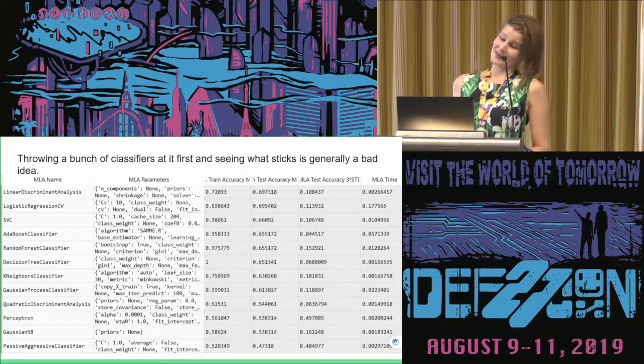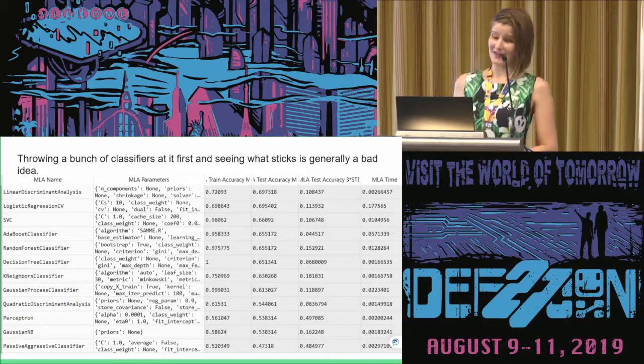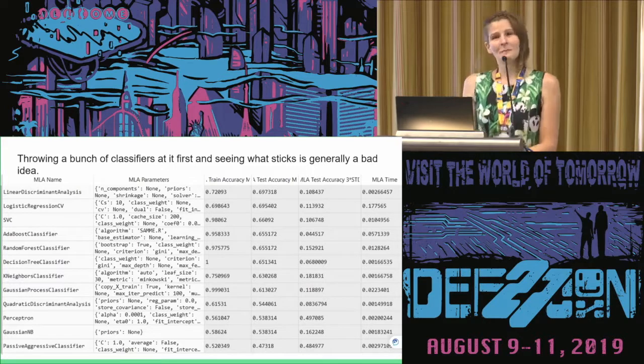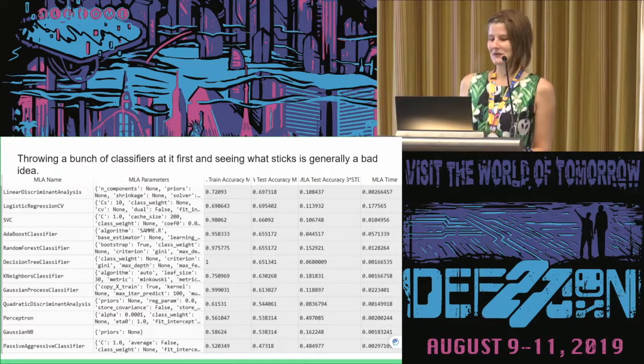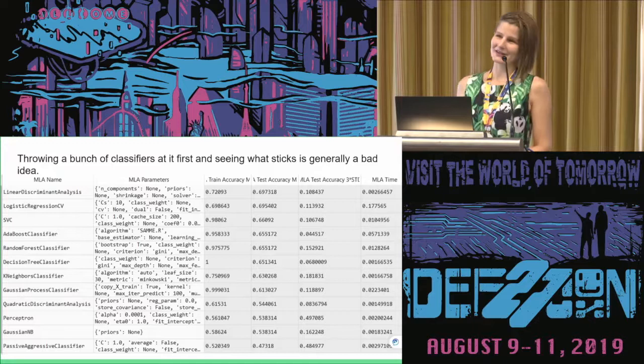So this was another thing that I did while I was at the data science boot camp because I needed to get results that didn't look too terrible. So I just threw a bunch of classifiers at my data because I was running out of ideas.